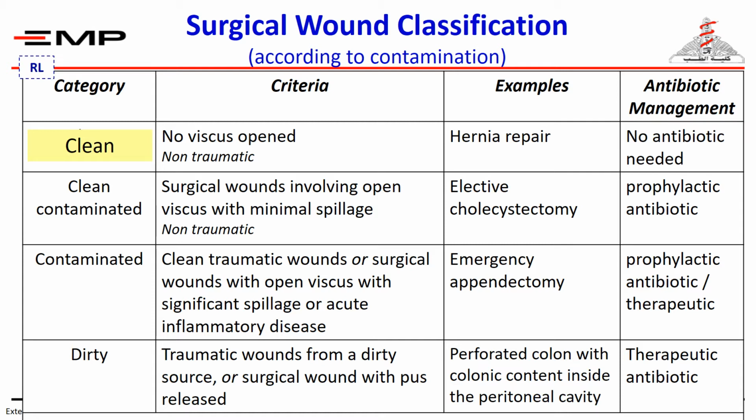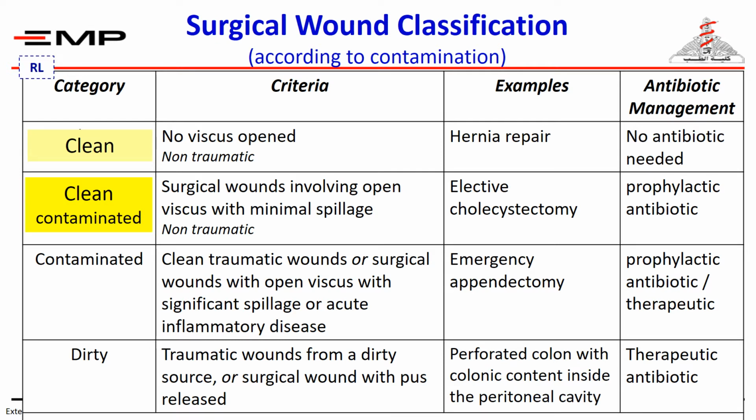Classical examples are hernia repair, cosmetic surgery, and mastectomy. Those patients do not need antibiotics. Please remember that clean operations that include insertion of prosthetic material should receive antibiotic prophylaxis.